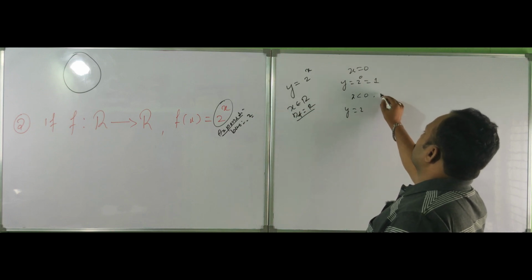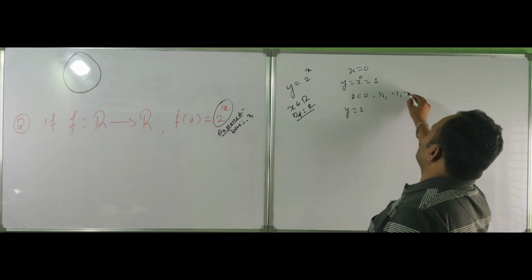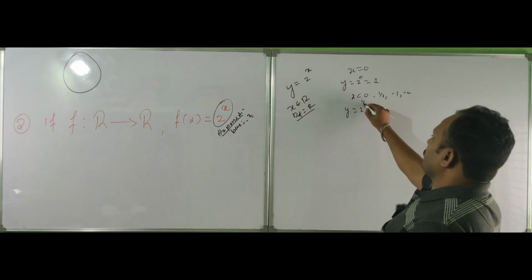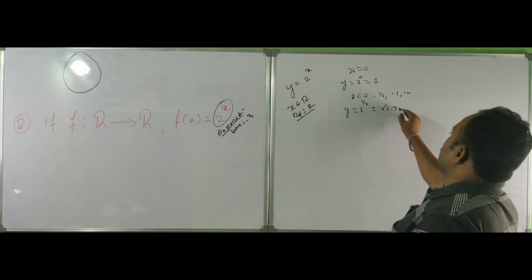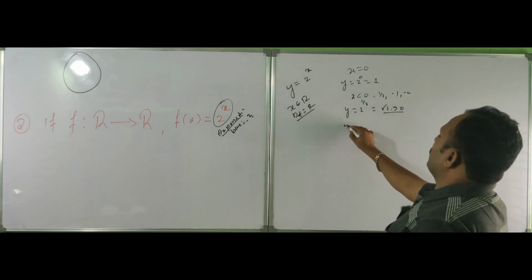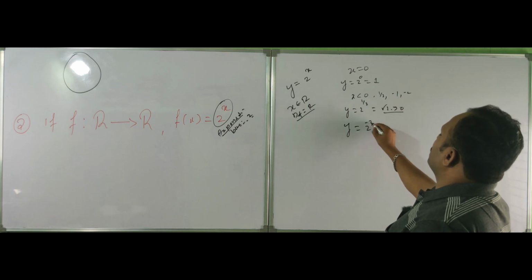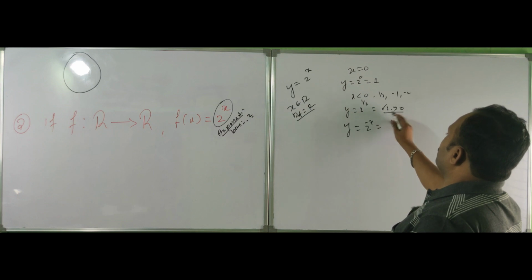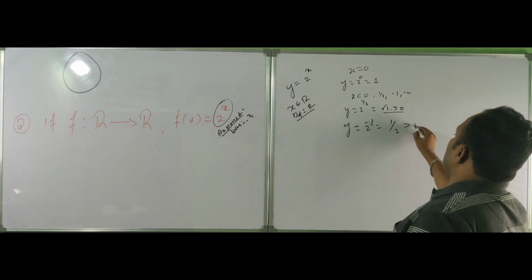Less than 0 means, okay, sir, 1 by 10, 1 by 2, or minus 1, minus 2, like that. 2 to the power 1 by 2 becomes square root of 2, because it is greater than 0. Still you get a positive value. And if x equals minus 1, 2 to the power minus 1 becomes 1 by 2, again greater than 0.